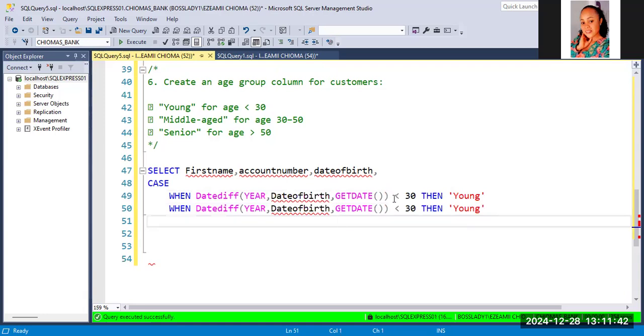So when the date of birth is between 30 and 50, then we say middle age. Let's copy this. We say middle age. Else, if the customer did not meet any of those conditions, else senior.